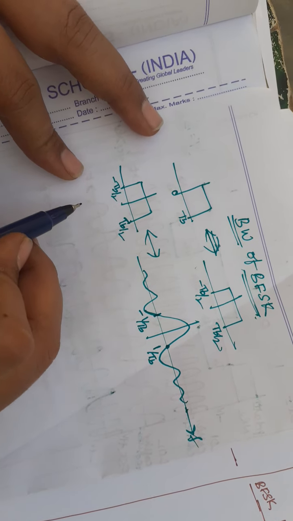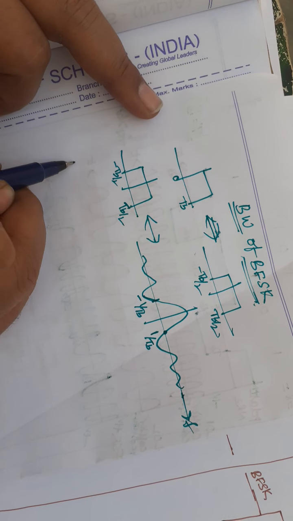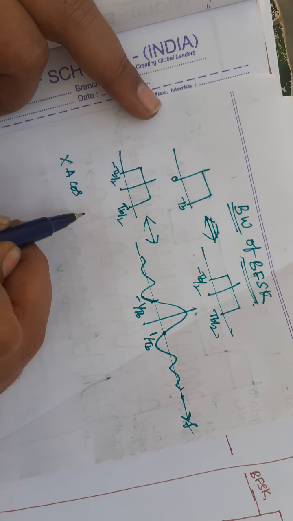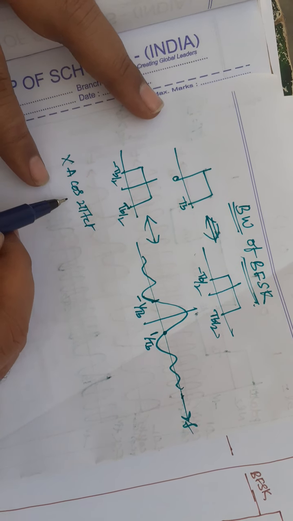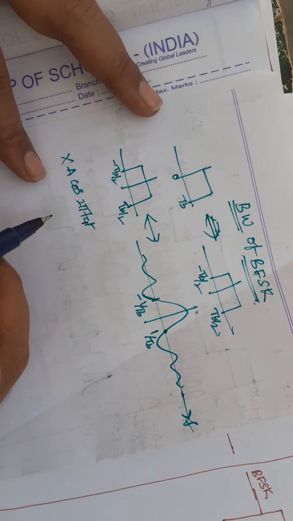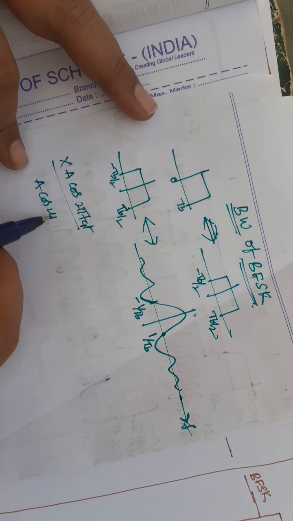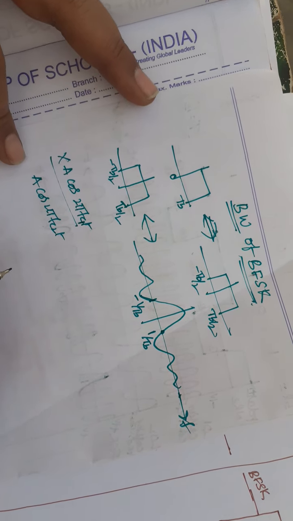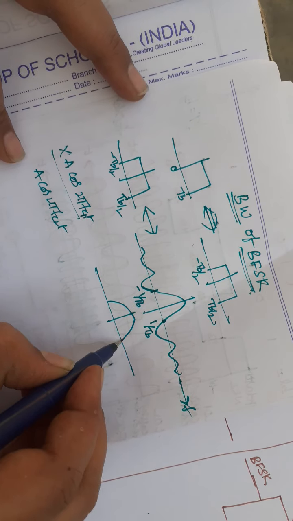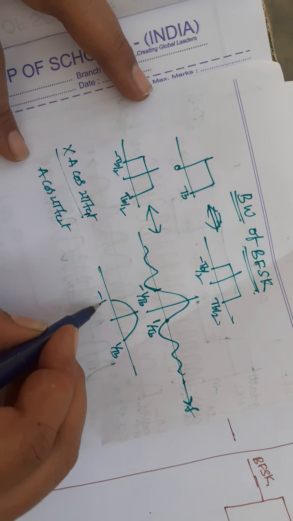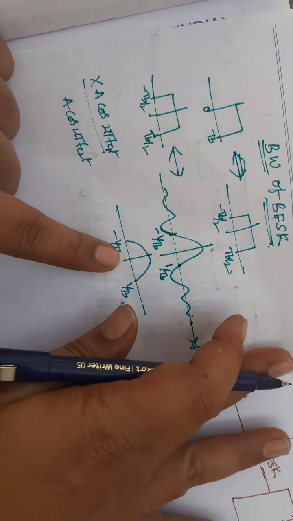Now see here, this one is multiplied with A cos 2 pi fc t, so A cos 2 pi fc1 t and, in the second case, A cos 2 pi fc2 t. So the main lobe, 1 by TB, minus 1 by TB, is multiplied with two frequencies.